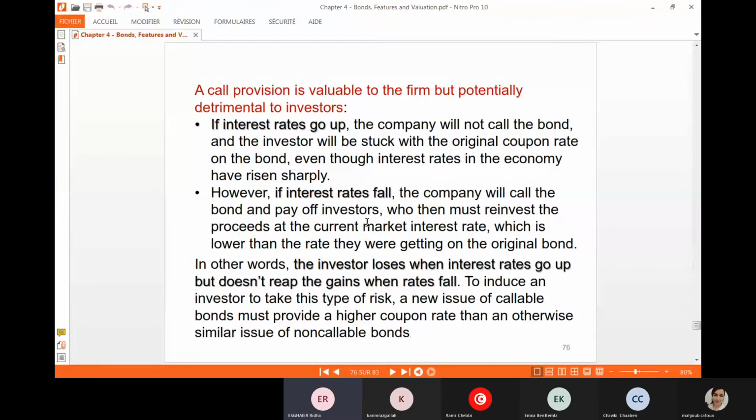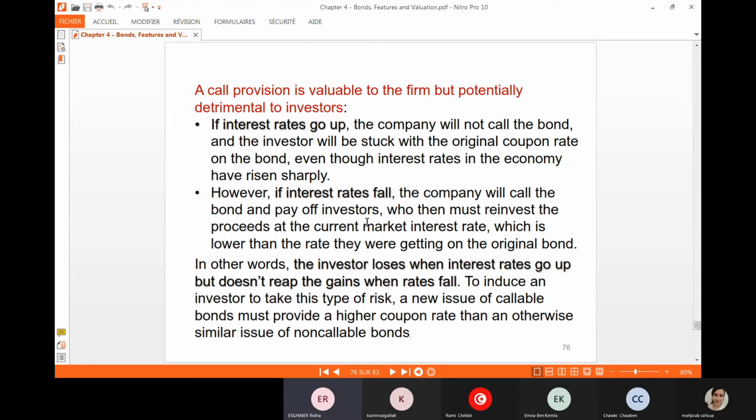But if interest rates fall, in this case, the company will try to profit from this drop in the interest rates by calling the bonds that pay a high interest from the investors.